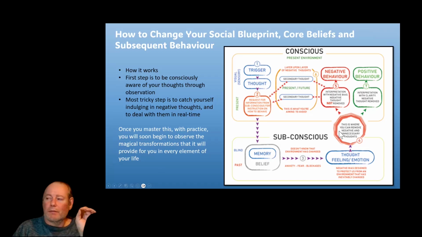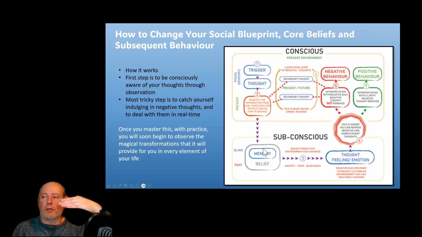And it's at this point that you can begin to influence your subconscious, because if you were to apply any of the techniques, the mind techniques, at this point, you'll then have an interpretation with clarity, with the negative thought removed, and display positive behavior. Doesn't always happen that way. That's an idealistic scenario. But what is most common that happens in most human psychology is that you will interpret that thought negatively, and you will then begin to build up secondary negative thoughts, and you'll build up thought over thought over thought as you go around this cycle.